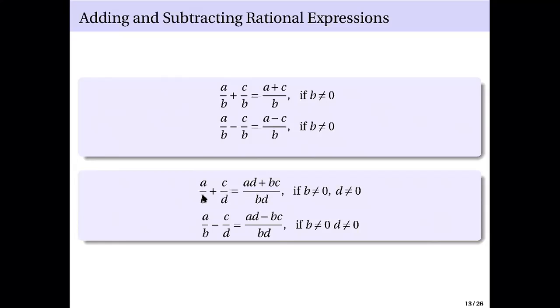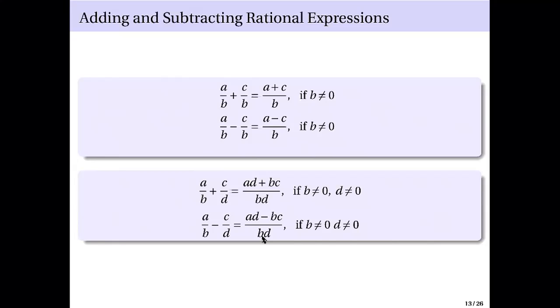Okay, so A over B plus C over D, this is equal to AD plus BC all over BD. Okay, for the subtraction, of course, the same thing except that you now have minus. So A over B minus C over D, this is equal to AD minus BC all over BD.